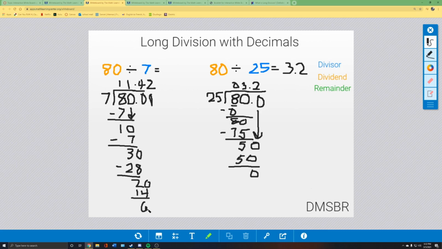Real quick, if I were to end this here, as some problems would, at 11.42, you could put remainder 6 here. So you would just put R6.